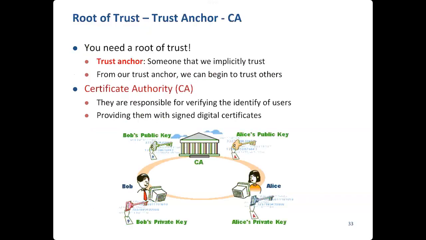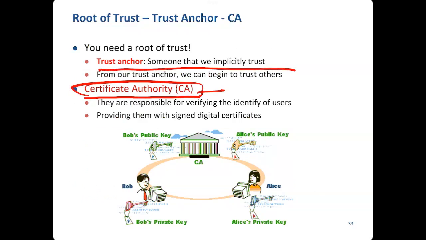So we have a trust anchor whom we can explicitly trust, and we call them a certification authority. We have the concept of CA, and they are responsible for verifying the identity of users.